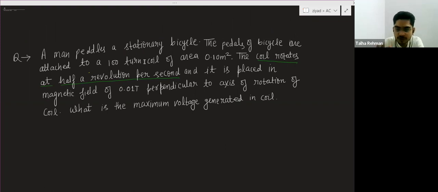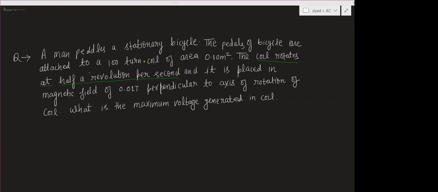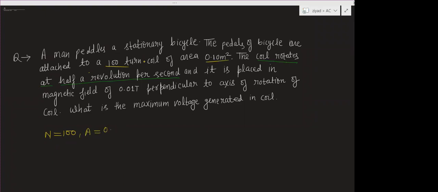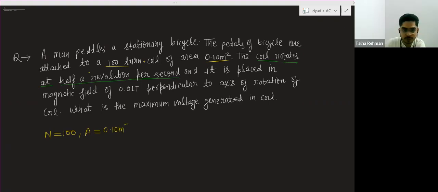Basically there is one coil with number of turns equal to 100, and the area of the coil is 0.10 meter square.